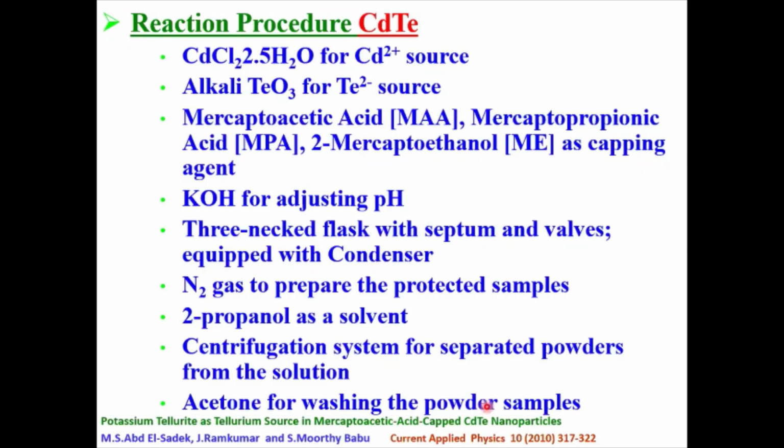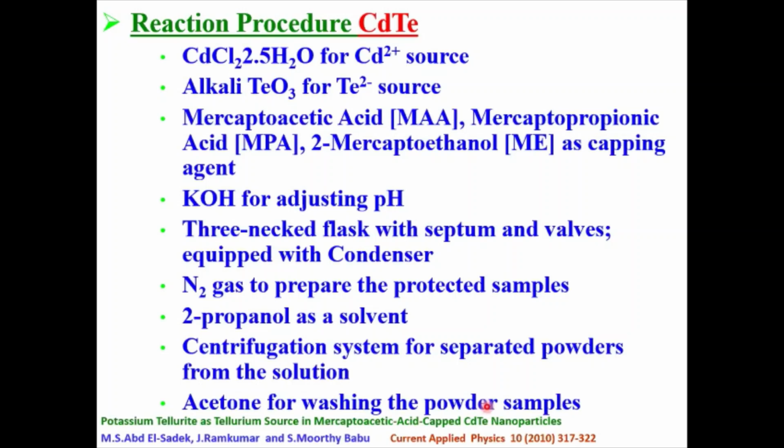The metal source is cadmium chloride. You can have a chloride source, sulfate source, nitrate source, or acetate source, but controlling the reaction is better with chloride or sulfate compared to nitrate or acetates for metals like cadmium. For chalcogenides, you can have the oxide form, telluric oxide or selenium oxide, or telluric acid or sulfuric acid, or sodium thiosulfate or thiourea for sulfur.